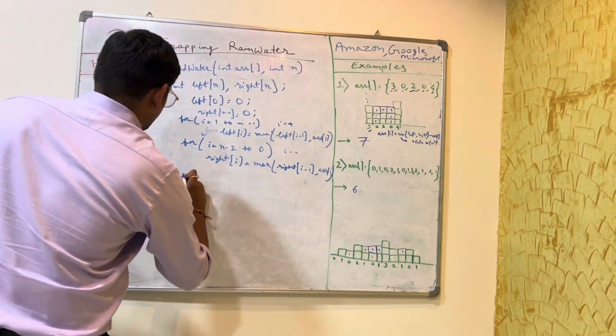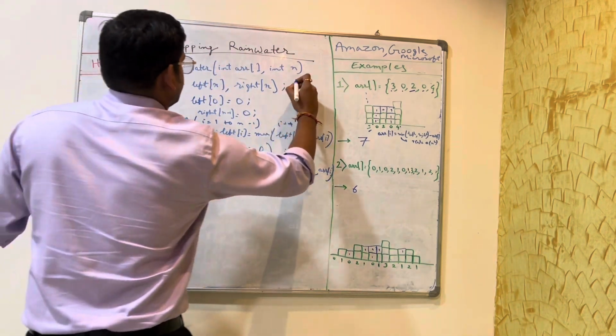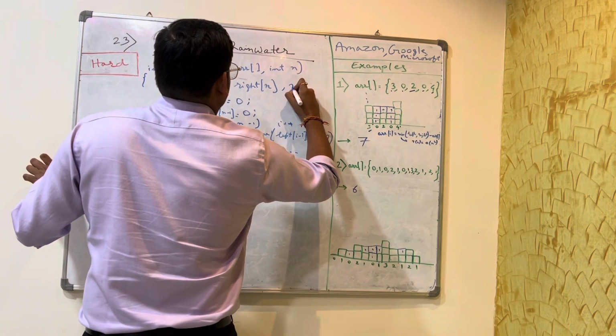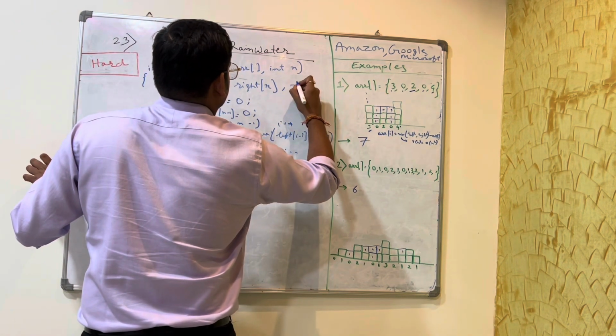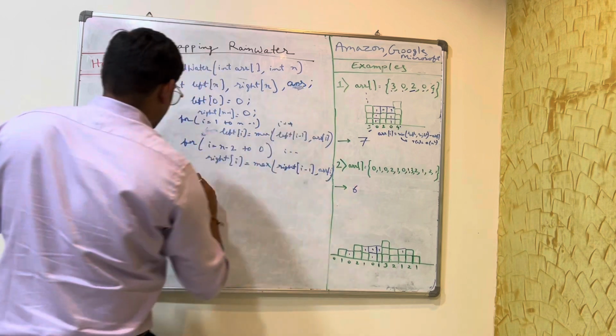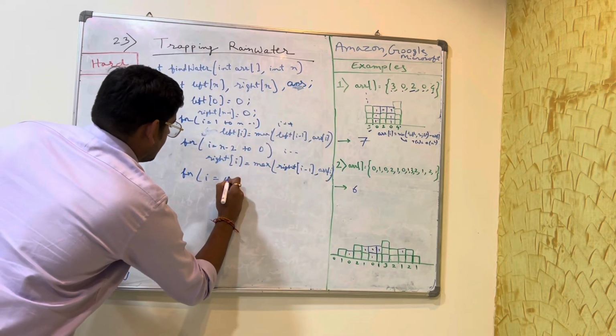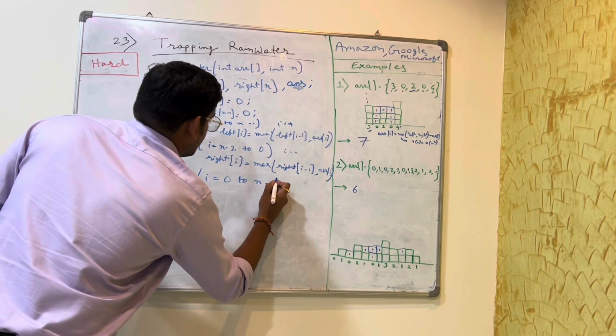Now we will traverse the whole array. We will have a value as int answer. We will traverse the whole array now for i equal to 0 to n minus 1.